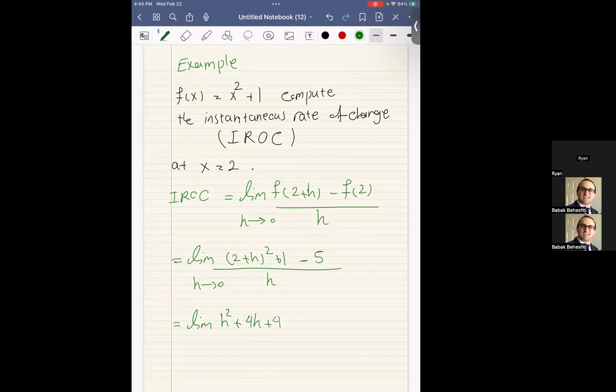And then you have another one, minus 5, over h, h goes to 0. So 4 plus 1 is 5, and then you have minus 5, so they're gone. So you have on the top the limit of h squared plus 4h. Now if you factor out h, you get h times h plus 4 over h, h goes to 0.